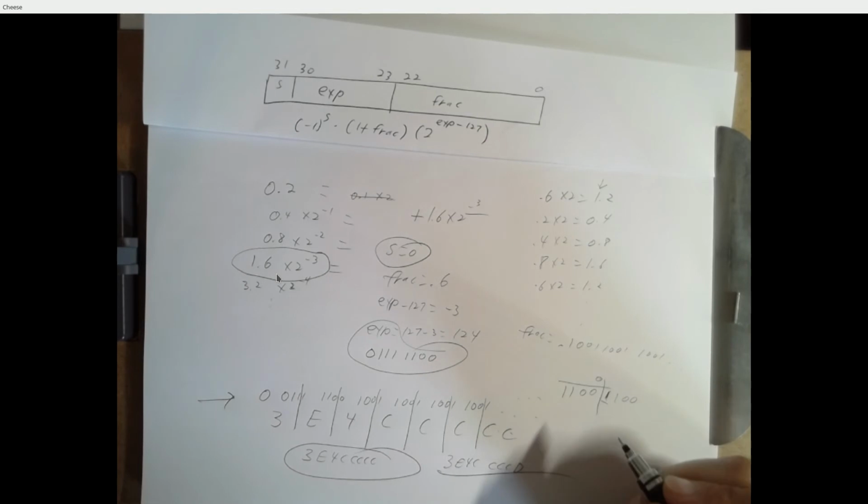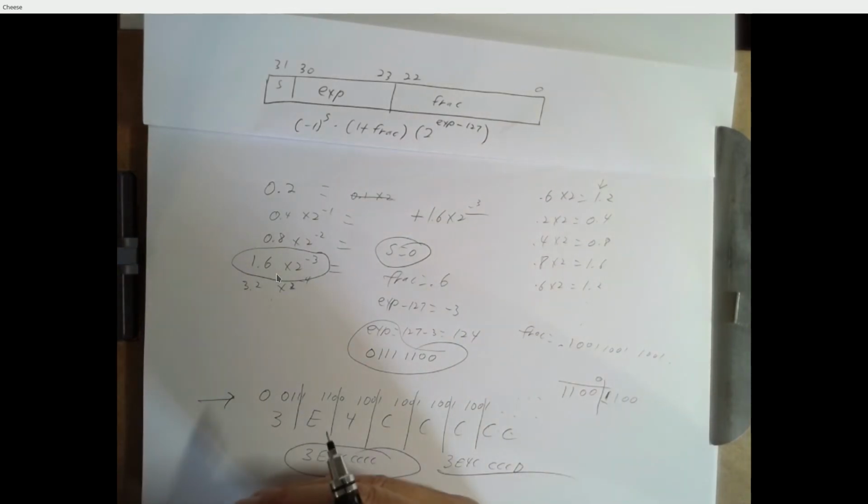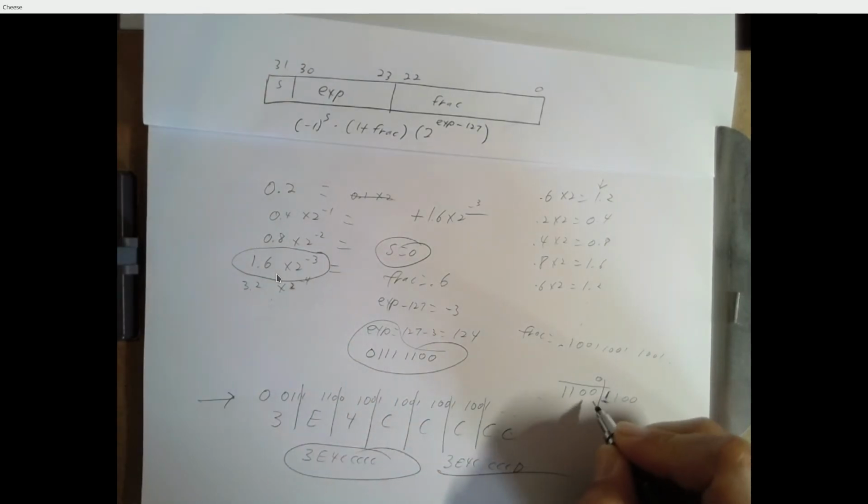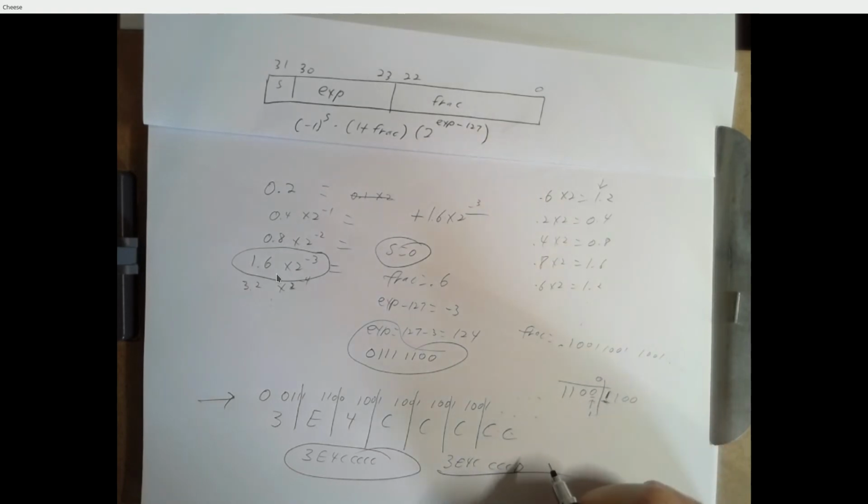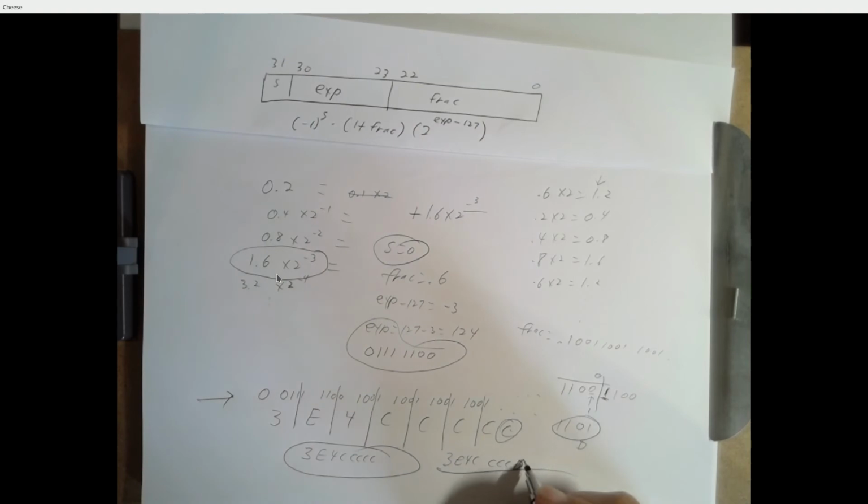Our rounding rules say if you're at least halfway to the next number, round up. Well, 1 is halfway to the next number, so because this is a 1, this bit actually gets rounded up to a 1. And so our last nibble in here is actually 1101, which is a D. So that's why that comes out to be a D instead of a C.